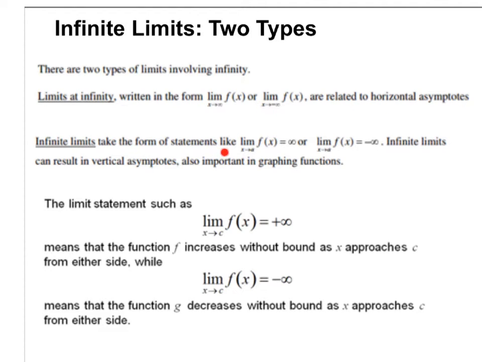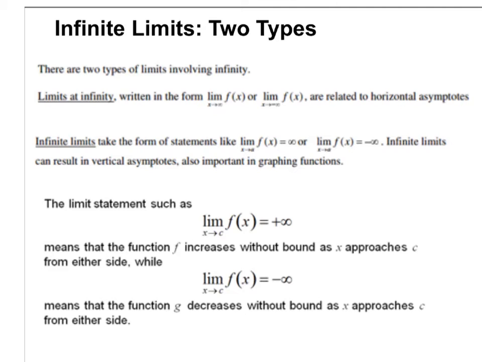Infinite limits also can take the form of something that looks like this. As x approaches a value a, it can approach positive infinity or negative infinity. Infinite limits in this form are vertical asymptotes, the behavior of vertical asymptotes. It approaches the asymptote from the right and the left.